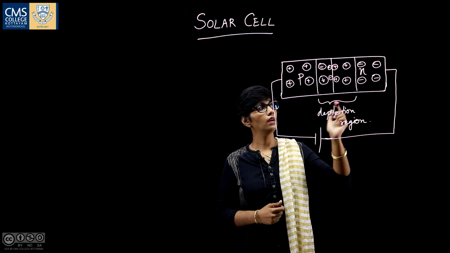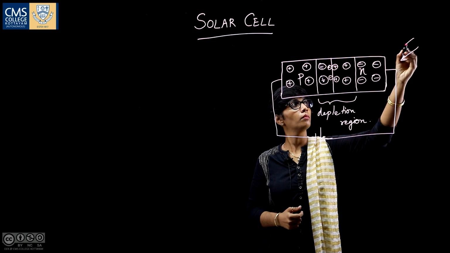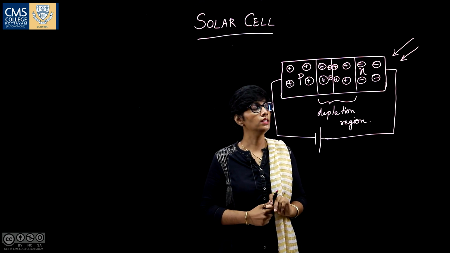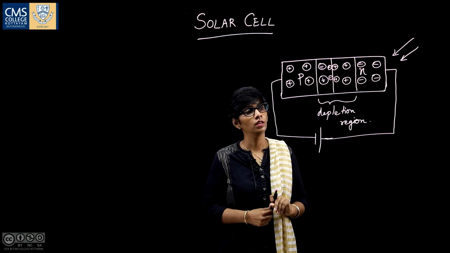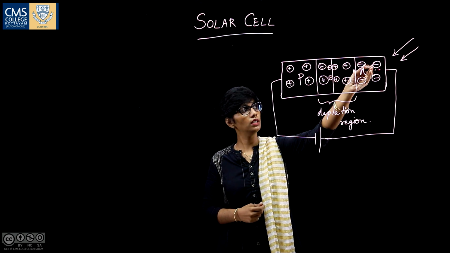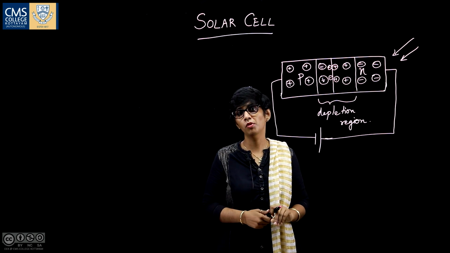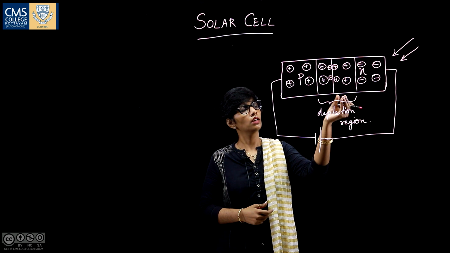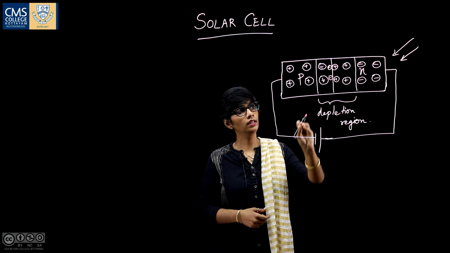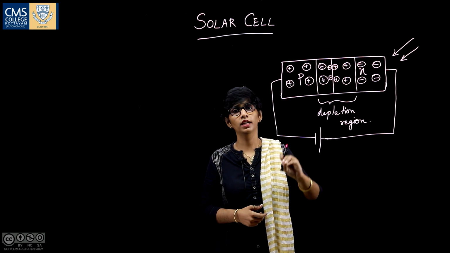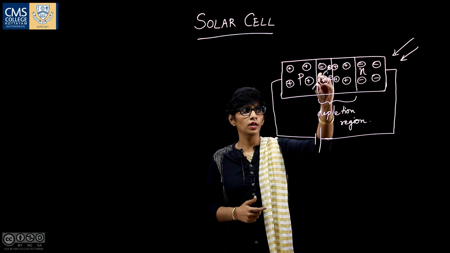Now, when light falls on the N side, it reaches the PN junction. We know that the energy of light is in the form of photons, and these photons have sufficient energy, so in the junction they create electron-hole pairs.